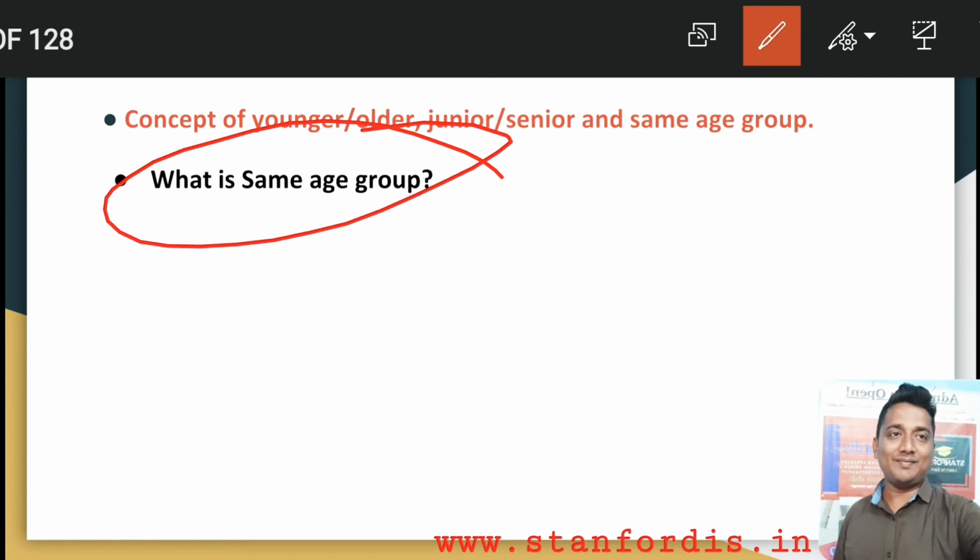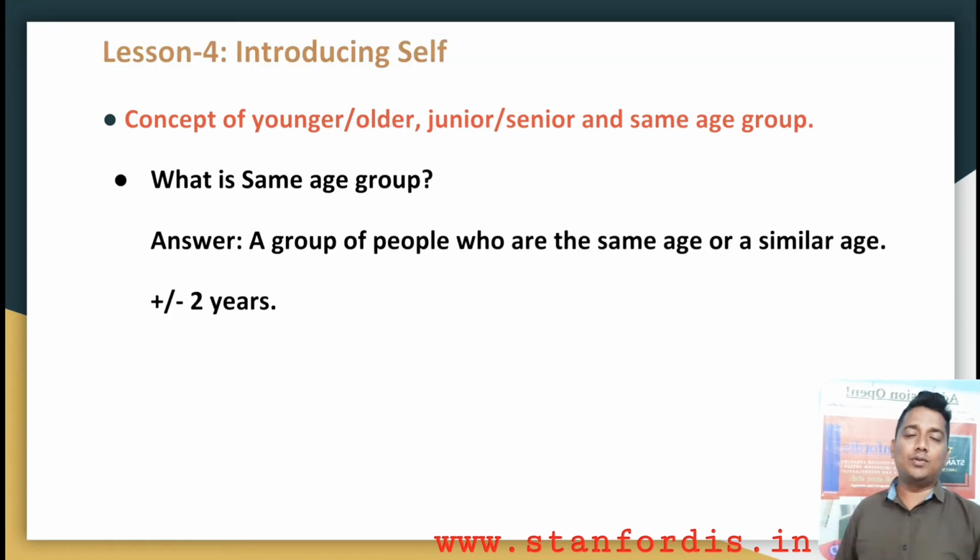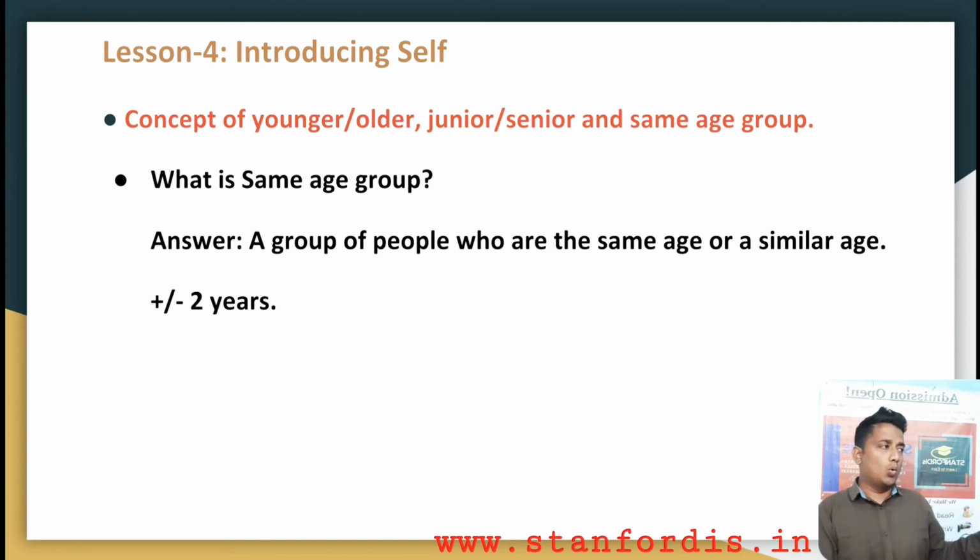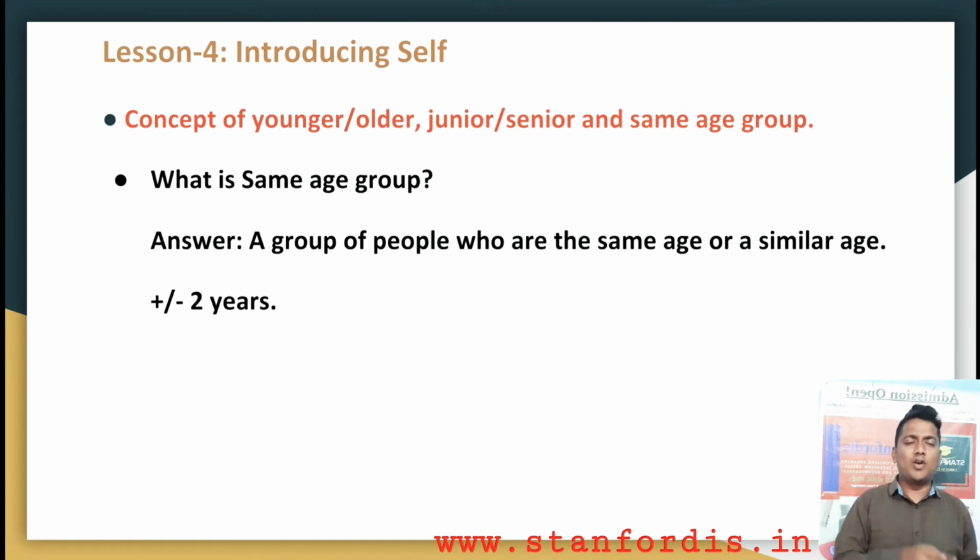So let's have a look. A same age group is a group of people who are of the same or similar age. The concept is this: if there is a group of people in a class who are studying in the same class, with ages like 12, 11, 10, 9, and the difference is only 1 or 2 years, then they are all called the same age group.